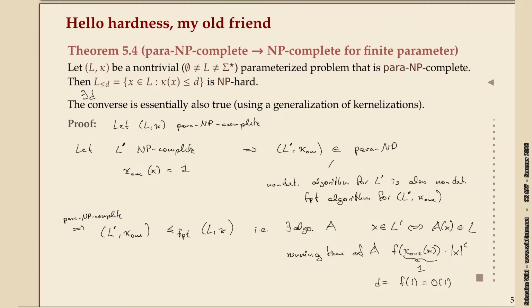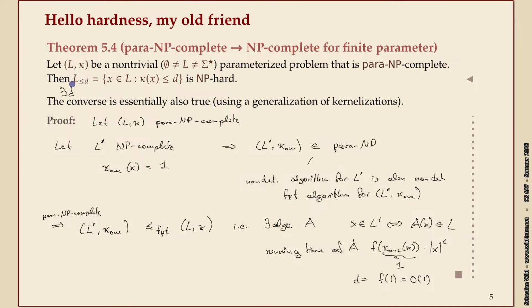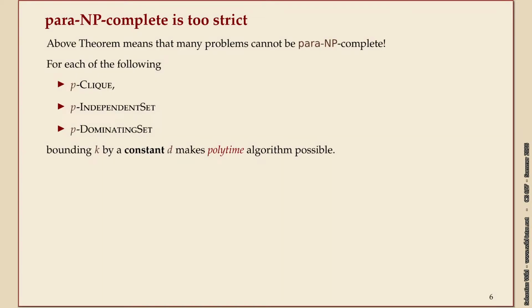Right, so we've shown whenever a problem is para-NP complete, already the restriction of the problem where the parameter is constant has to be NP-hard. So what this means is that really almost no interesting problems are para-NP complete. They cannot be.